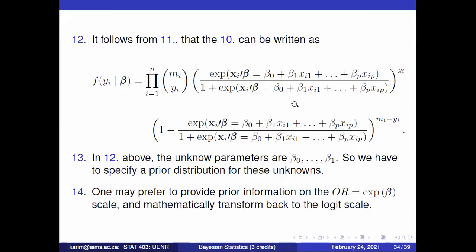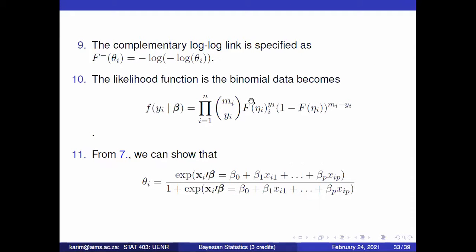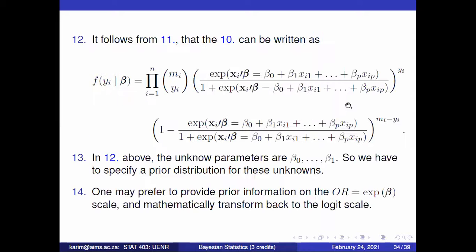So here we substitute the theta, so that this whole thing that you are seeing here is theta, to the power y_i. Then this place too, we substitute: 1 minus the whole of what we have here, all to the power m minus y. And that is what we have here.